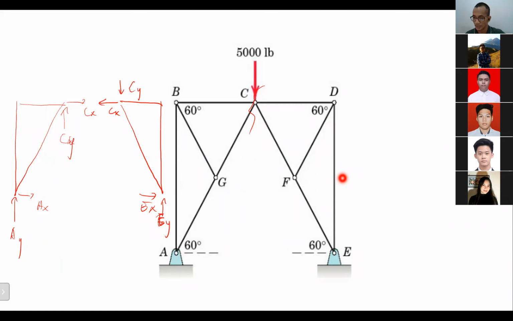Because there is a 5,000 pound load there, you have to divide the 5,000 pound. But at the end, you have to solve 6 equations and 6 unknowns here as well.